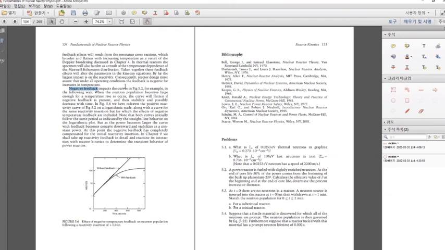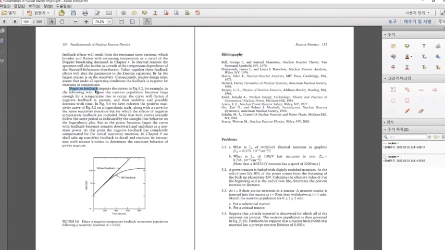Also, if we consider all these feedback effects, then when we design a nuclear reactor, it must be made sure that under all operating conditions, this feedback is negative as the temperature increases. So this negative feedback.